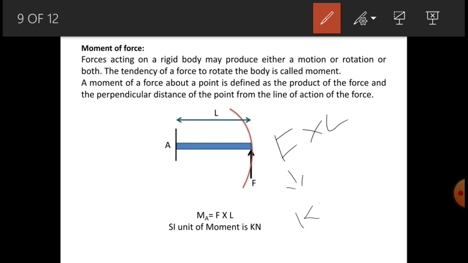Force is kilonewton or newton, into meter. Length is in meter, so kilonewton meter. What is the unit of force? It is kilonewton. And what is the unit of length? It is meter. So when you multiply, you get kilonewton meter. This is the SI unit of moment.